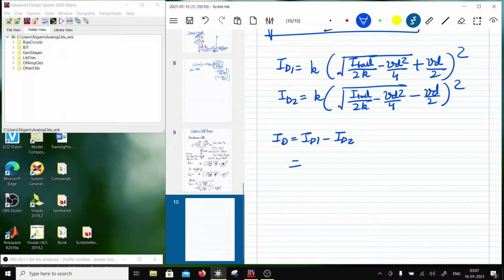So when you do that, you are left with k times of (a plus b) square minus (a minus b) square.